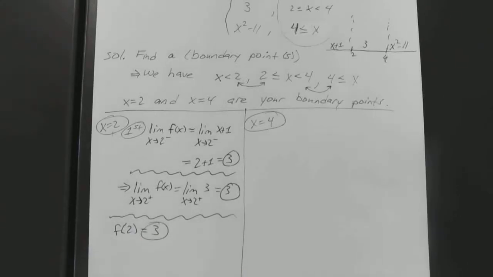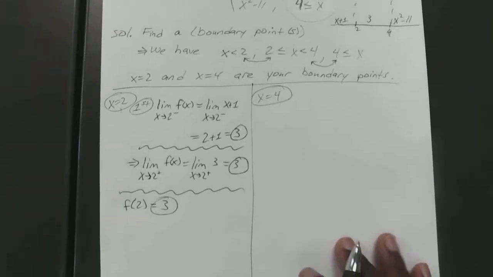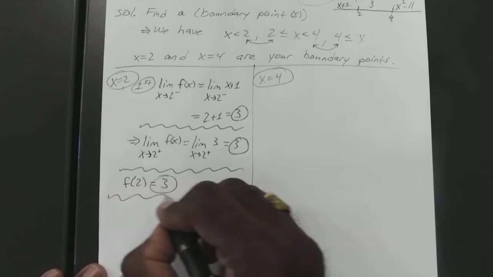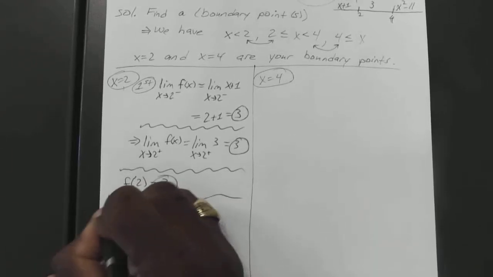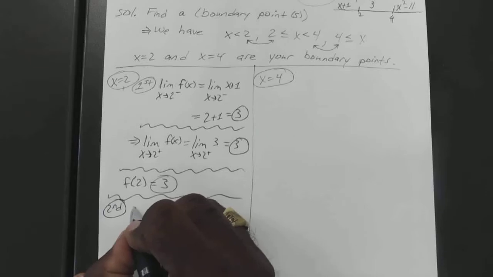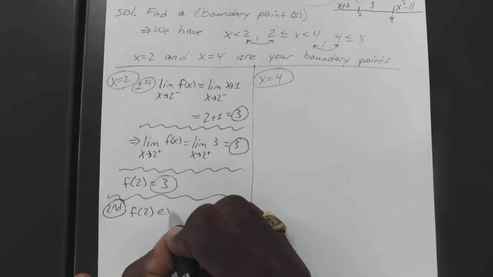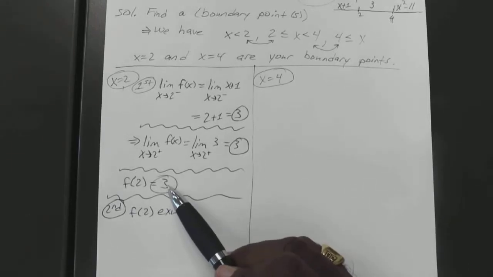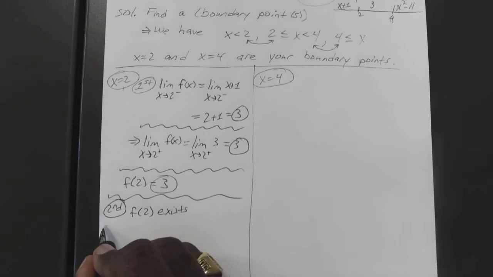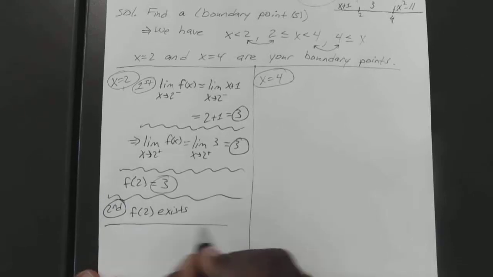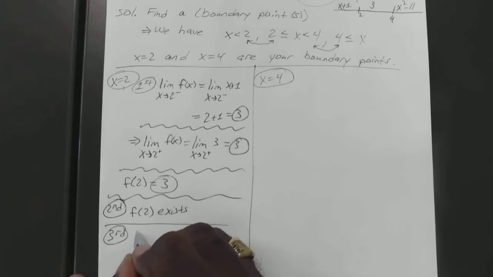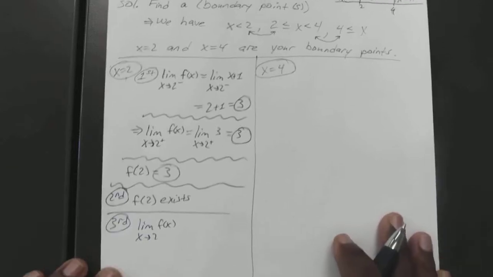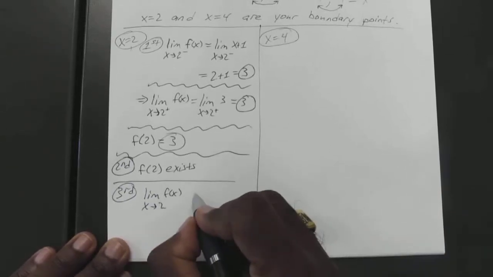Okay. So now we just have to make sure steps 2, 3, and 4 are all satisfied. Your second step, f of 2 exists, because it has a value there. Third step, the limit of f of x as x approaches 2 exists.